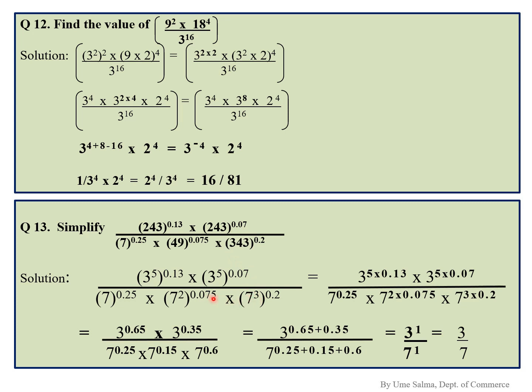In the following steps, as you can see, a to the power m whole power n will be taken as the product of the two exponents, m into n. So we are just multiplying this exponent with the outer exponent, 5 into 0.13, and you are going to multiply in all the terms. You are just going to multiply the two exponents wherever you have the brackets.